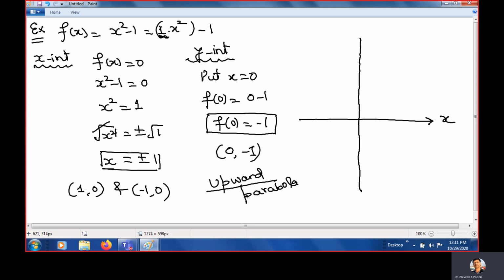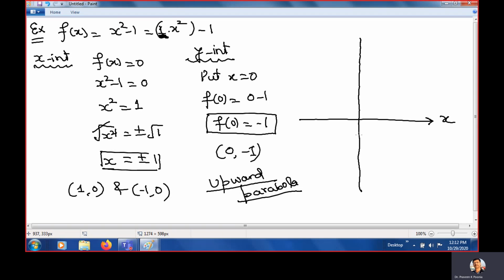In the coming examples, I will explain what important things we need to draw a parabola. First thing we need is the vertex. Second, the x-intercept. And third, the y-intercept. If we have these three things, then by identifying whether it is a positive parabola or negative parabola, we can draw the graph.